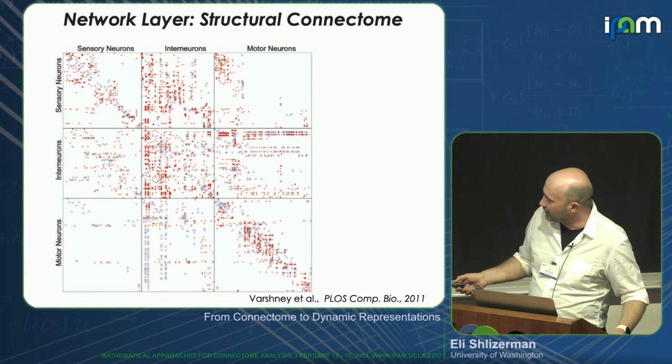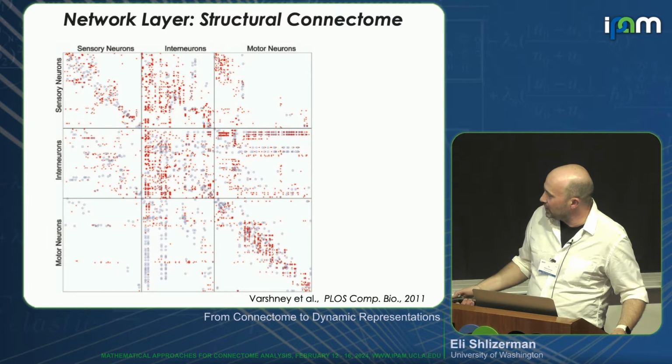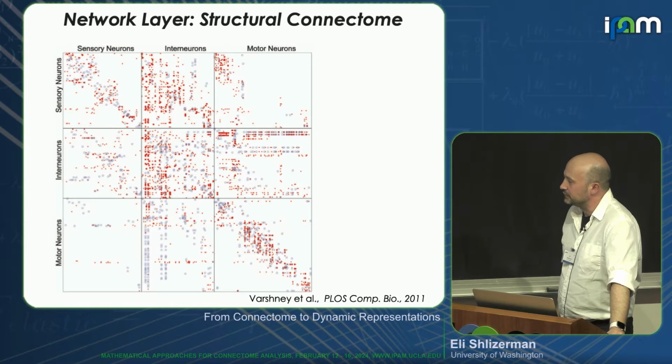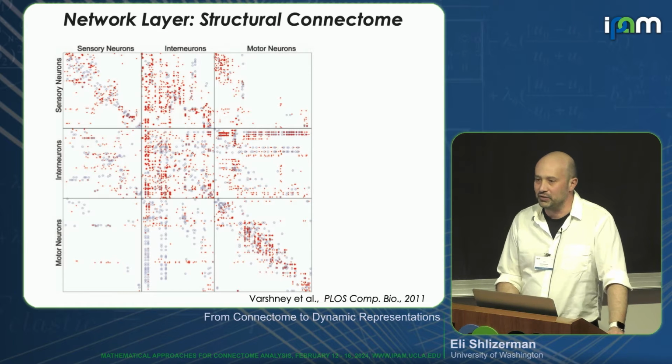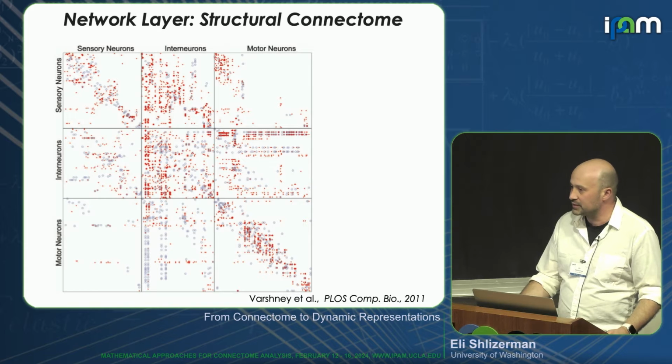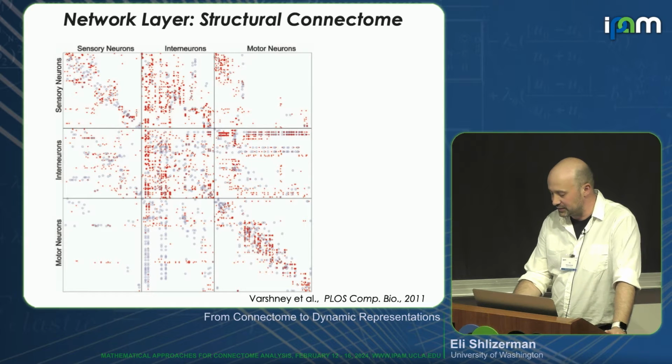I forget which is which; I think the blue ones are the gap connections and the red ones are the chemical connections. One could look at it as a graph, as an adjacency matrix.